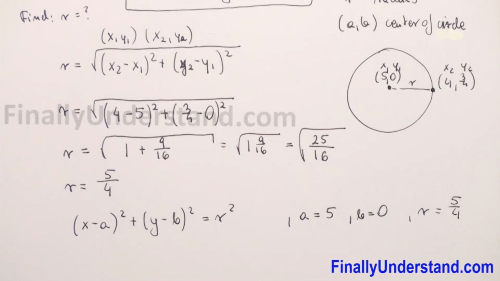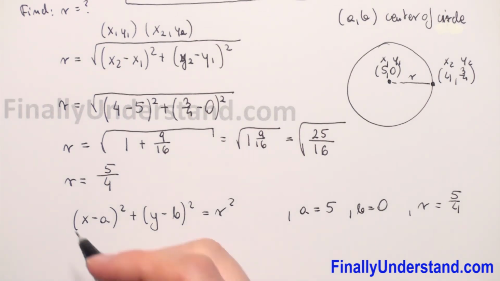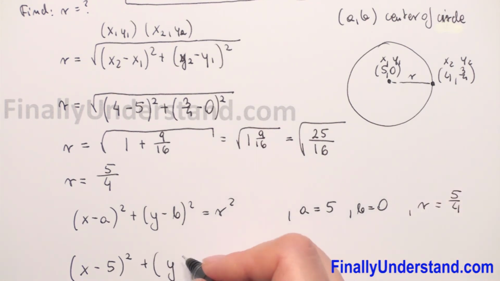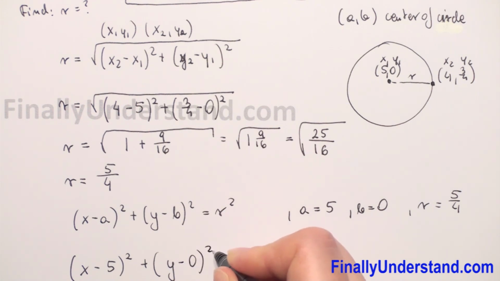So now we can substitute into our equation. We have (x minus 5) to the second power plus (y minus 0) to the second power, equal to r, which is (5/4) to the second power.